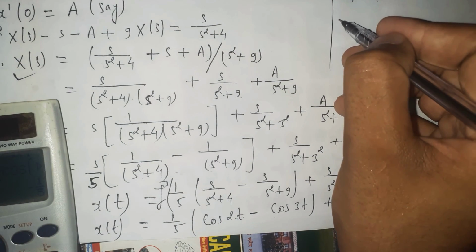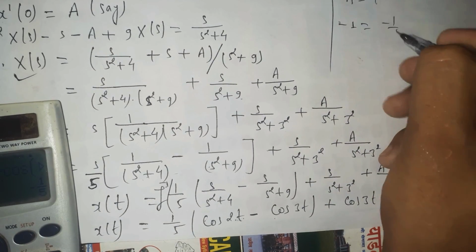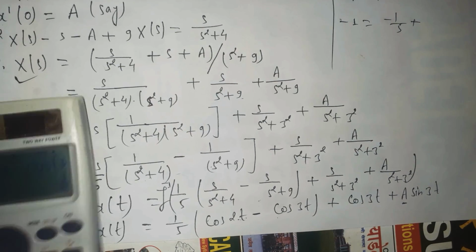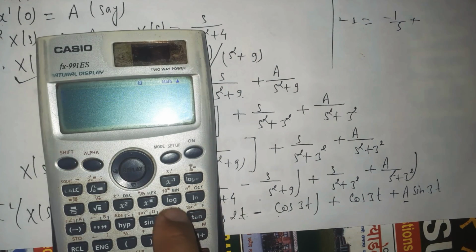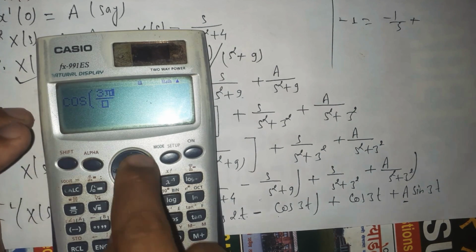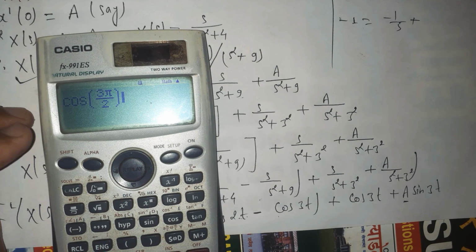X of t is minus 1, which equals minus 1 over 5 for these terms, plus cosine 3t, cosine 3 pi over 2. Just plug in t as pi over 2.